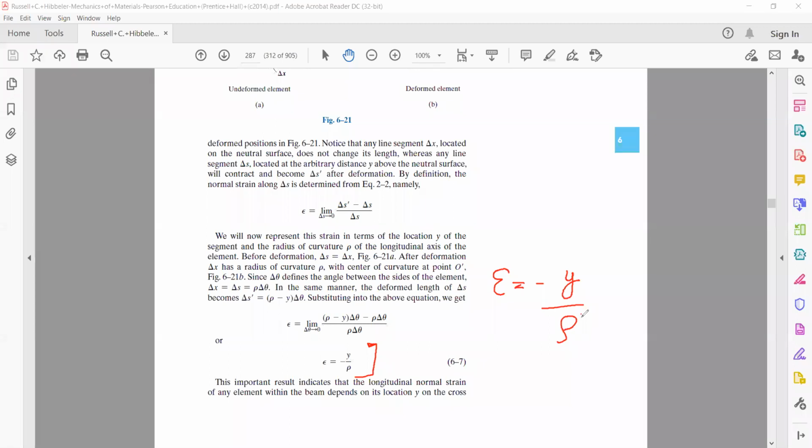As far as rho is concerned, rho is the radius of curvature, and it's constant. Now this strain varies with the distance y from the neutral axis.